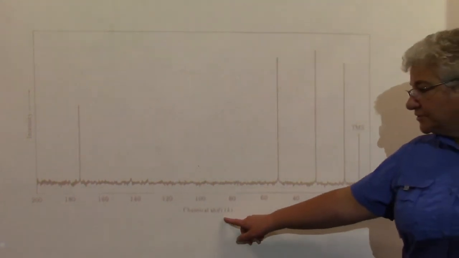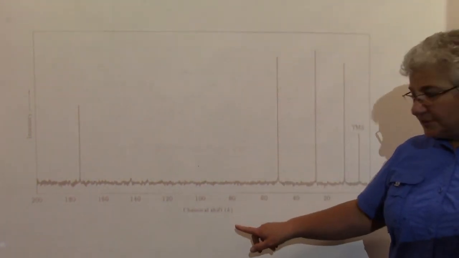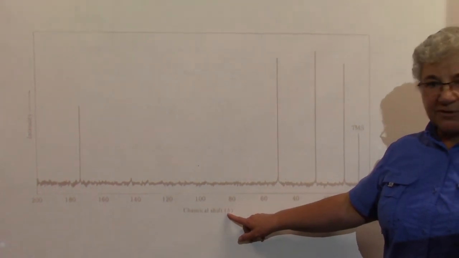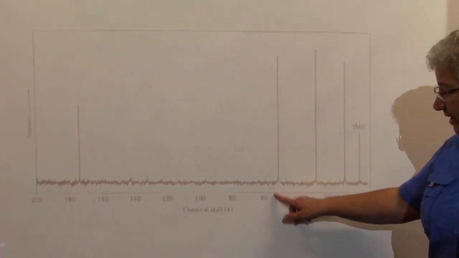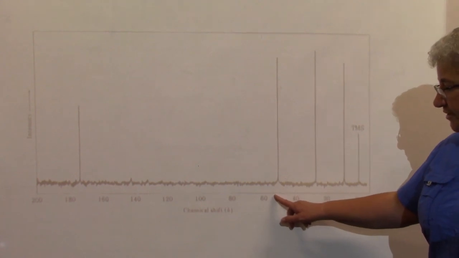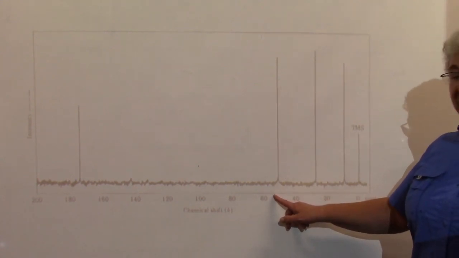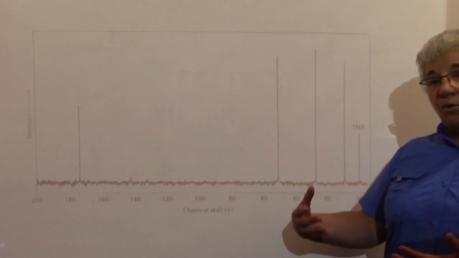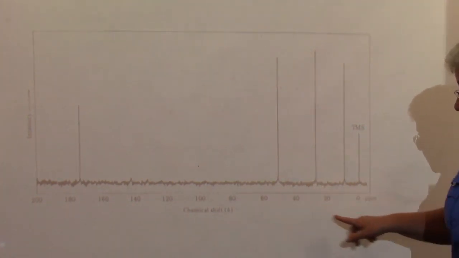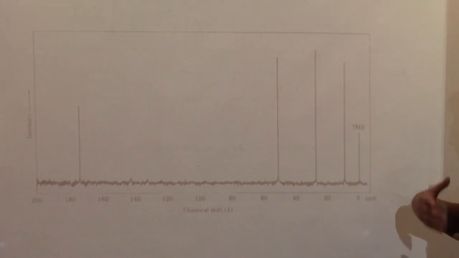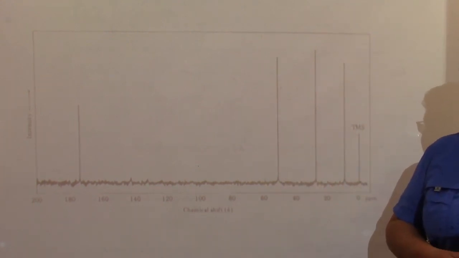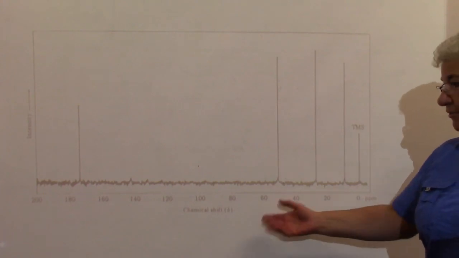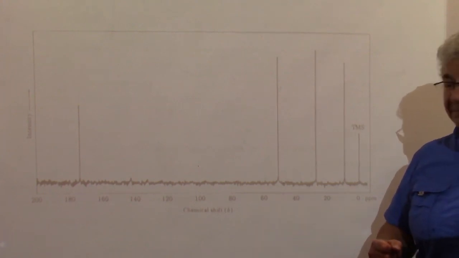We use the Greek letter delta to represent our chemical shift. If this peak is at, I don't know, 53, we would say 53 delta units, or delta 53, or we could say 53 ppm. You can either say delta units or ppm. That is the unit associated with the chemical shift of a peak.